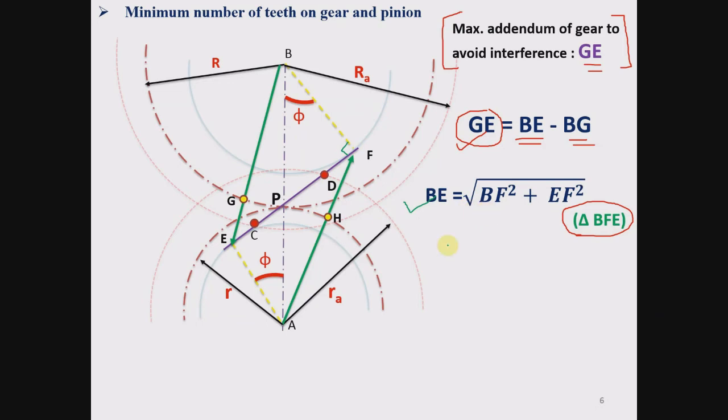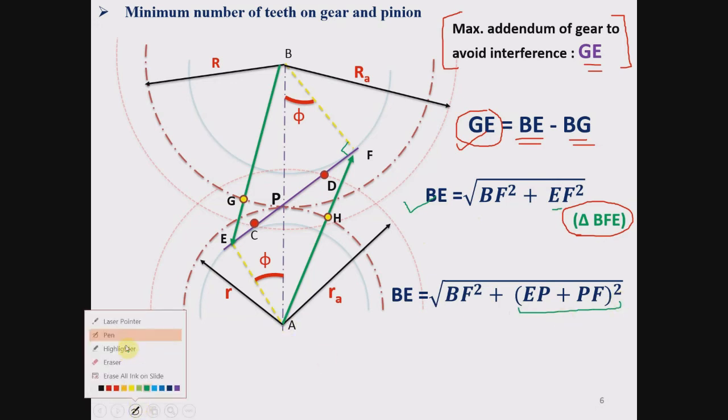Now next, what is EF? You can write EF as EP plus PF. Look at the pressure line. EF can be written as EP plus PF.